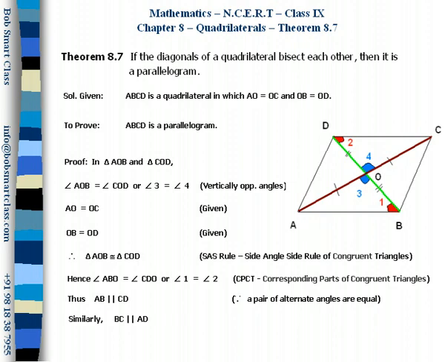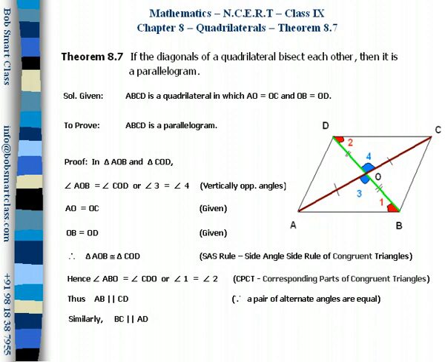Similarly, we can prove BC parallel to AD by proving triangle DOA is congruent to triangle BOC and then deriving angle DAC equals angle BCO, which are alternate angles of the transversal AC which cuts lines AD and BC.